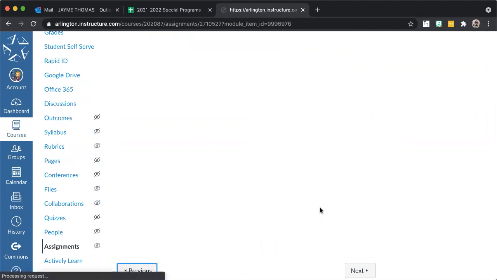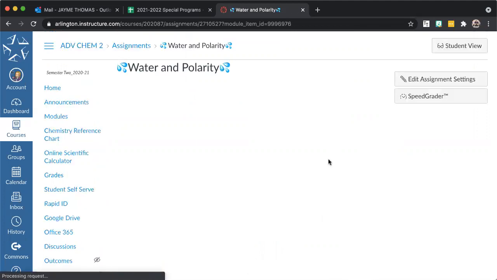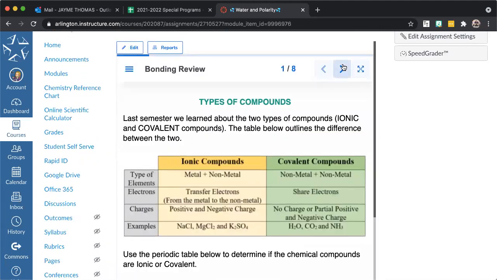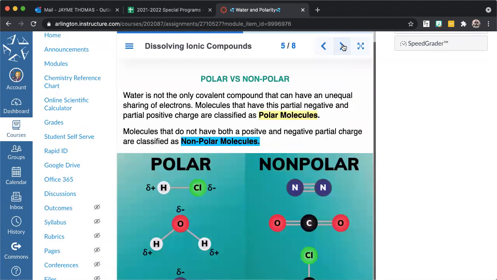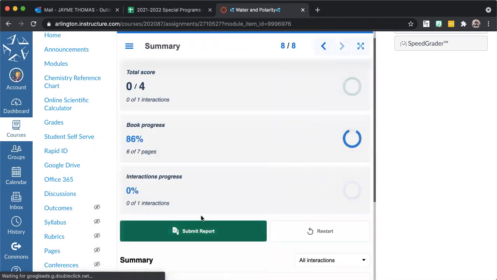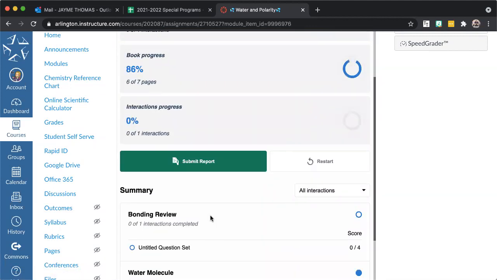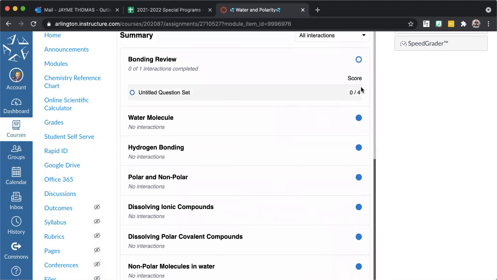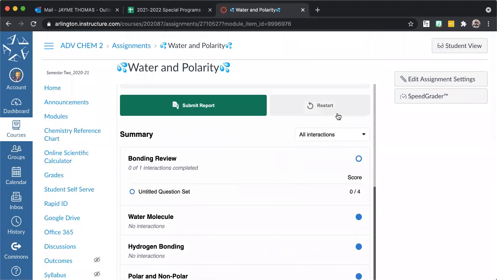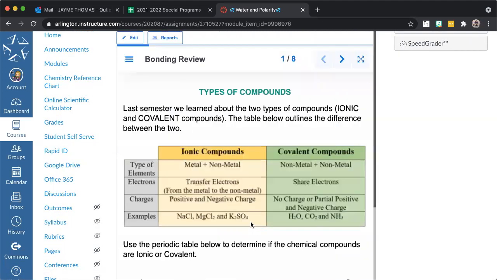I just wanted to reiterate, when you get to the very end, after you answer all the practice questions, watch the videos, and do all the different parts on each page in the little book, make sure that when you get to page 8, you submit the report. Wherever there were questions, complete them, and watch any videos.